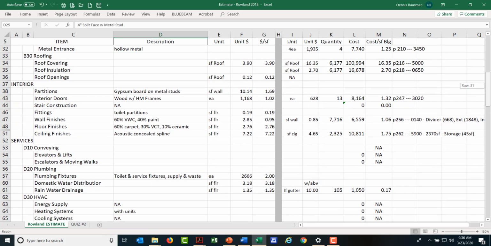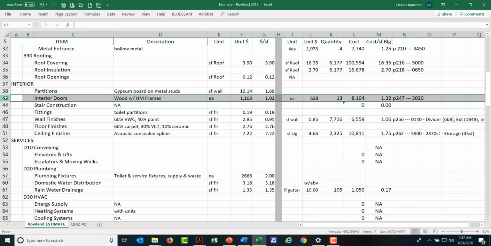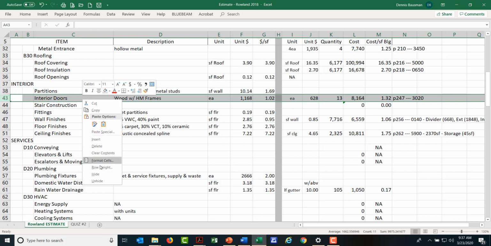All right, the interior. All they did in the baseline, if you see a blank over here, in other words, if there's nothing here, I've added it, okay? For instance, if you looked at RS Means, you wouldn't see that.